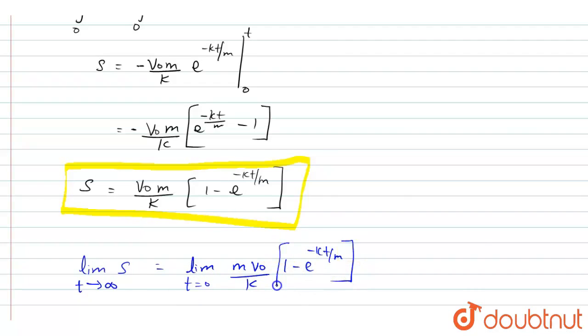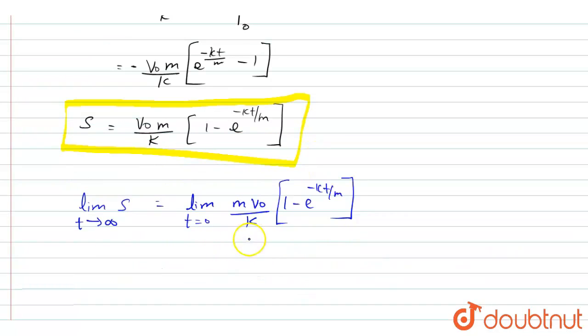If I substitute infinity, the exponential term becomes 0. So the remaining term is s equal to mv0 divided by k.